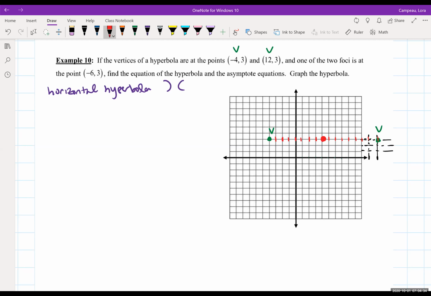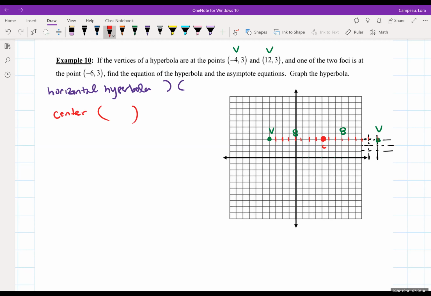I have my center. That gives me a heads up. I have 8 units to the left and 8 units to the right. And guess what that tells you? That tells you your a square term. But let's write down the center just in case. I know I found it, but I want to name the coordinates.